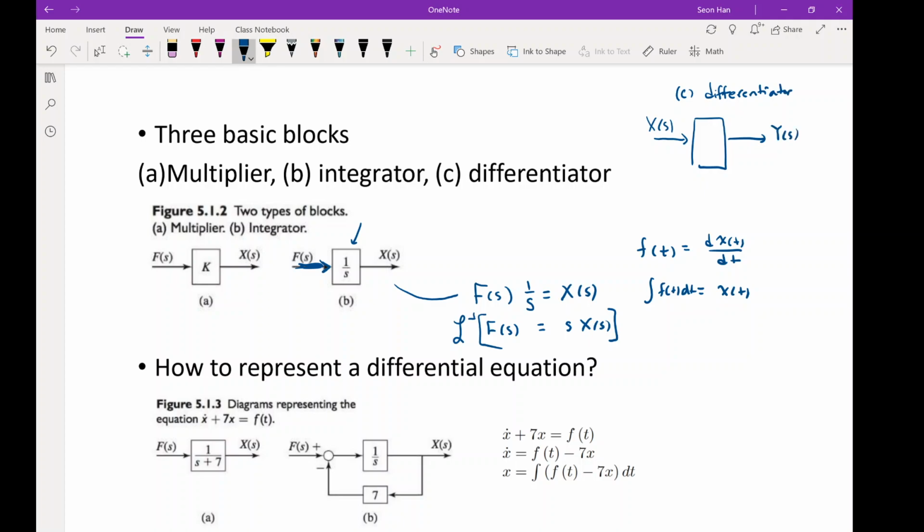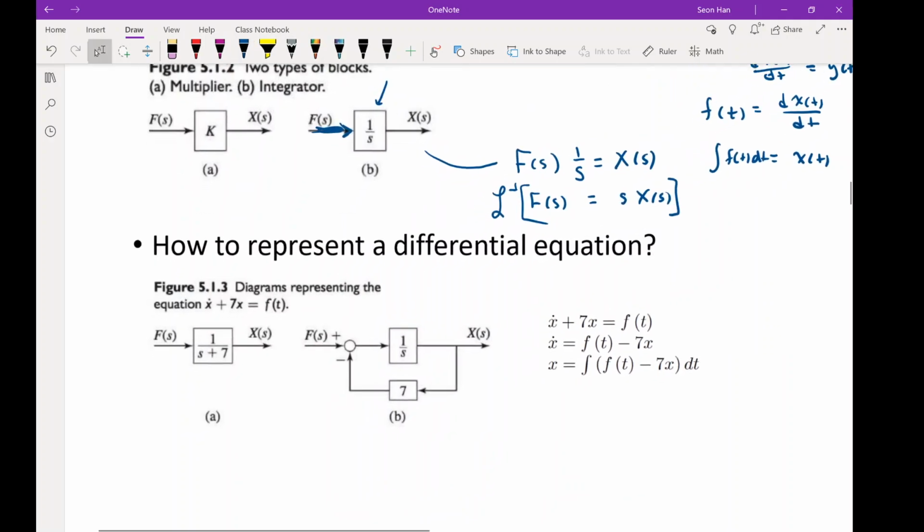Then the block should be s. Why? X of s times s equals y of s. In the time domain, this is dx over dt equals y of t. So what happened to x? You differentiated it. As it goes through this block of s, you differentiate the signal.